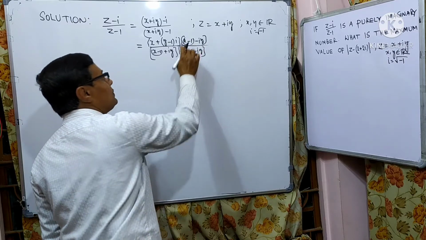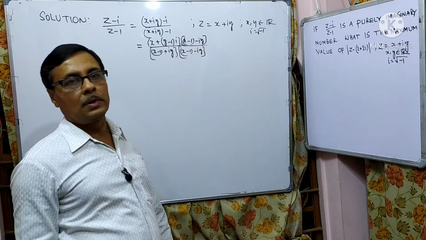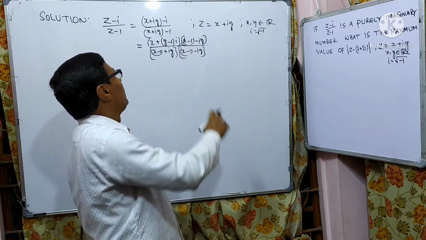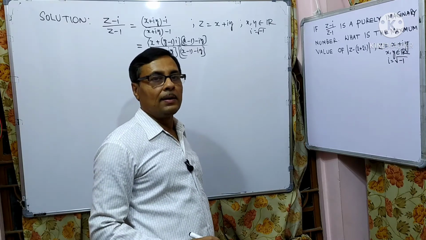This is the complex conjugate of the denominator. We multiply both numerator and denominator by this complex conjugate to convert the denominator into a real number.